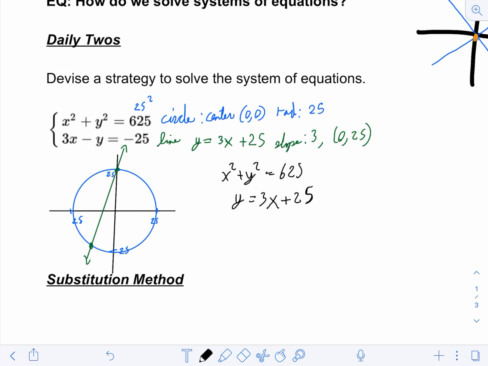In doing this, you notice we can't eliminate anything automatically because we have an x squared. You can't subtract an x from an x squared and eliminate anything. What we can do, though, is go ahead and substitute. So we're going to do some substitution.